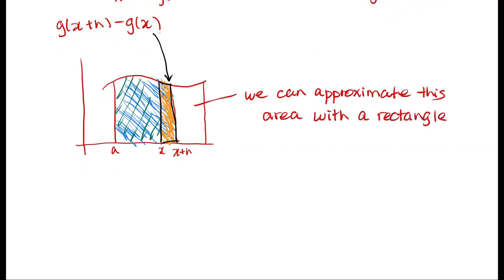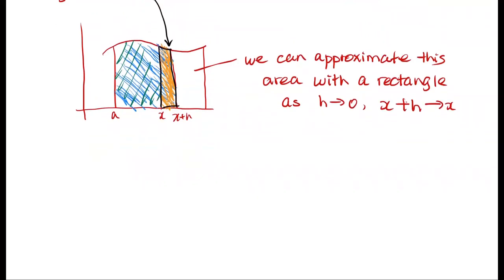as H approaches 0. So X plus H is going to approach X, and f of X plus H is going to approach f of X as H approaches 0.